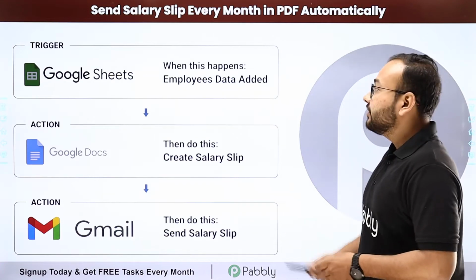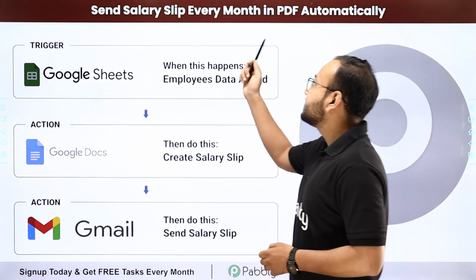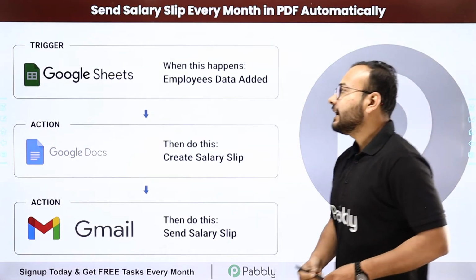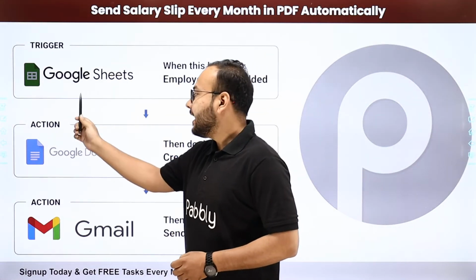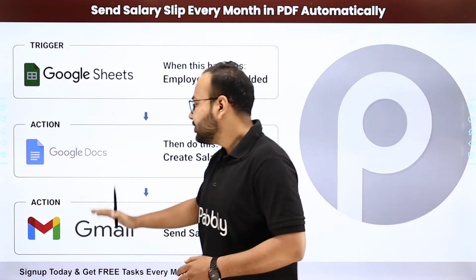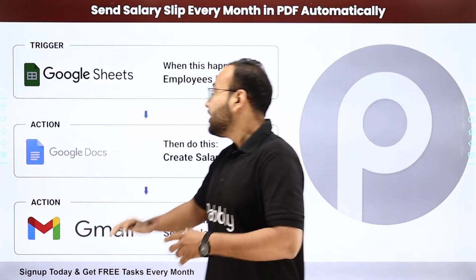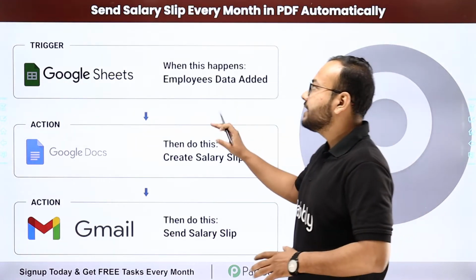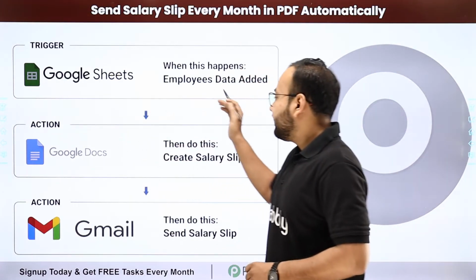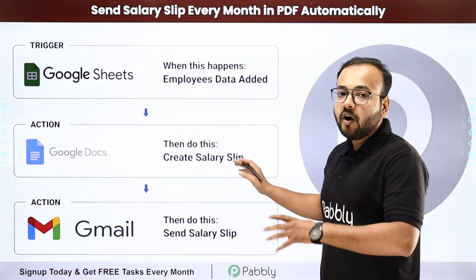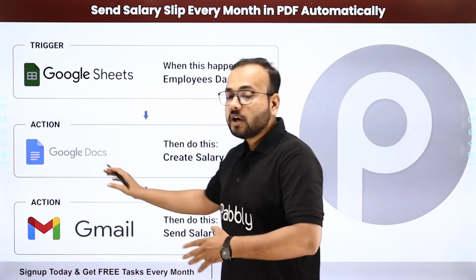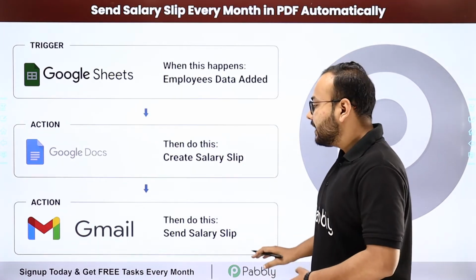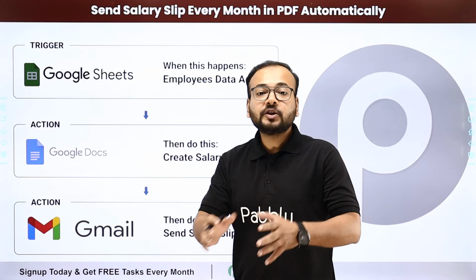The other automation we have is for sending salary slips every month in PDF format automatically. Here we are connecting Google Sheets as the trigger application, and Google Docs and Gmail as action applications. You just have to add the details of your employees in Google Sheets, and after that the salary slip will be automatically created using Google Docs, and the same salary slip will be delivered as an email using Gmail every month automatically.